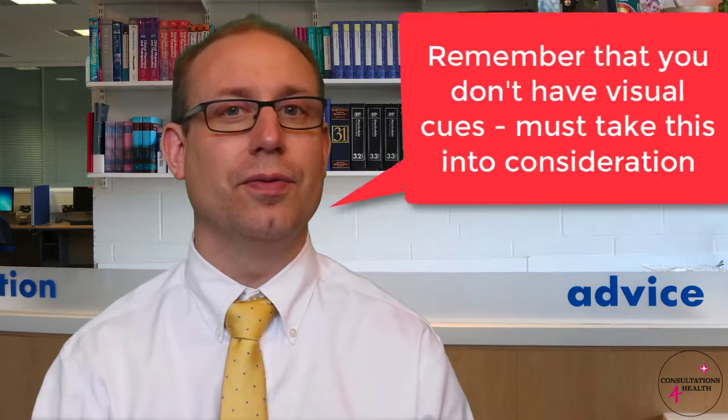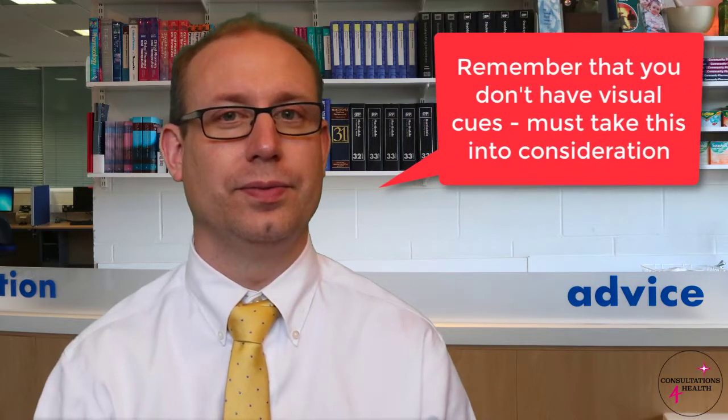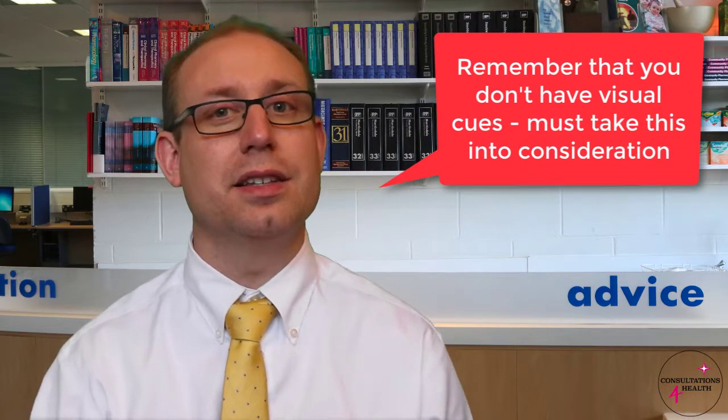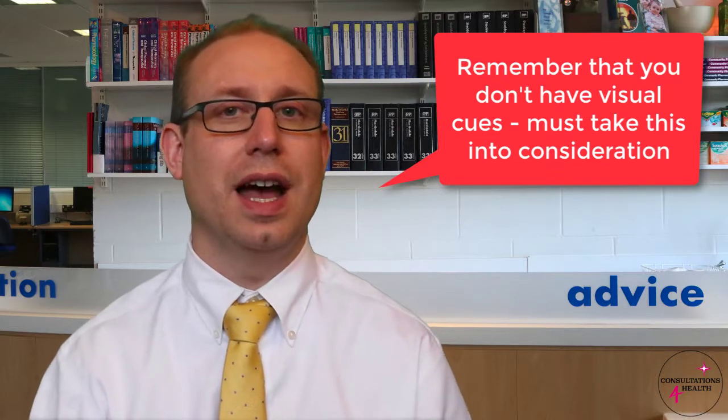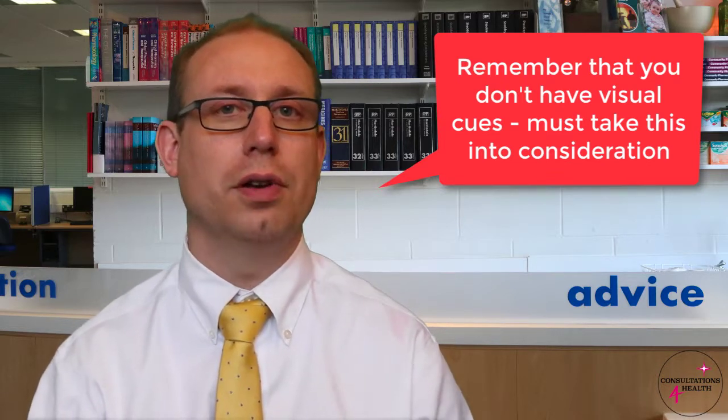We've previously discussed the importance of non-verbal cues and picking up on these. However, this is often not available as easily over the telephone. Both the patient and the practitioner cannot visibly see what may be going on. And if this isn't taken into consideration, it could have a negative impact on the overall effectiveness of the consultation.